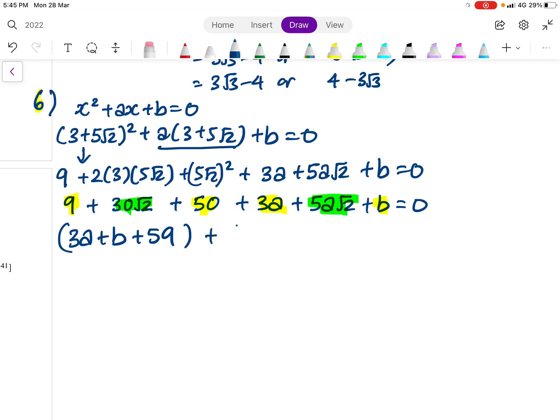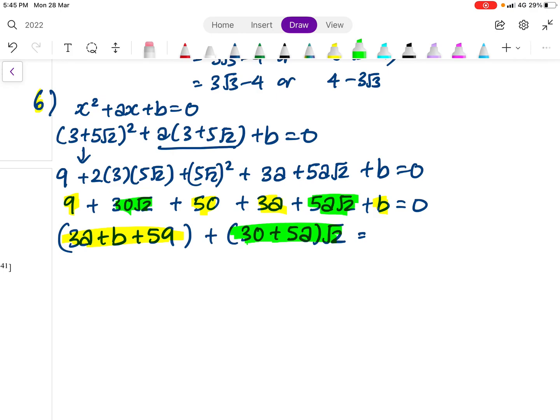Second group, the one in green: 30 root 2 plus 5a root 2 is 30 plus 5a, root 2. Okay, I group them together, the one in green and the one in yellow. I'm going to teach you a method which I've taught in class. We have used it before.